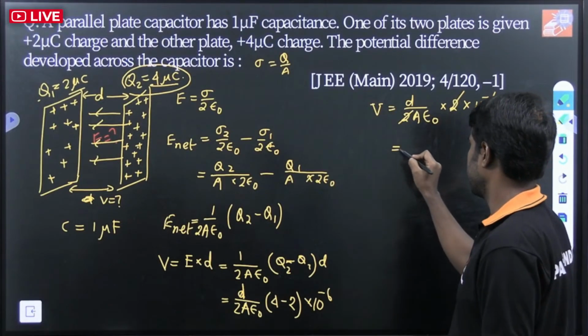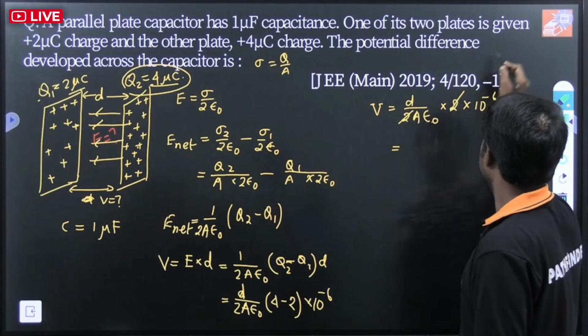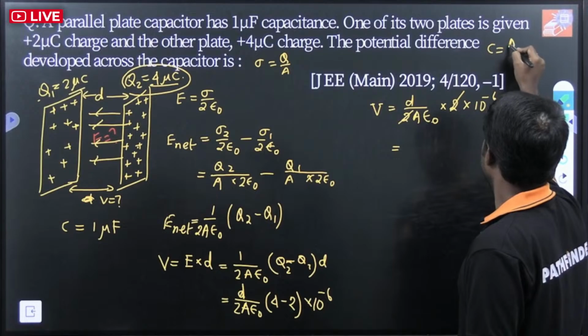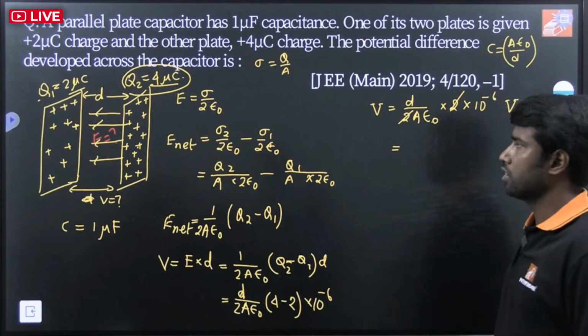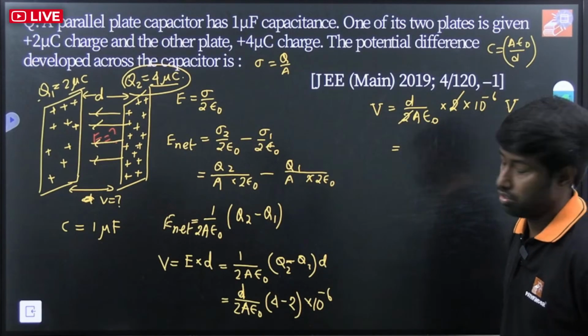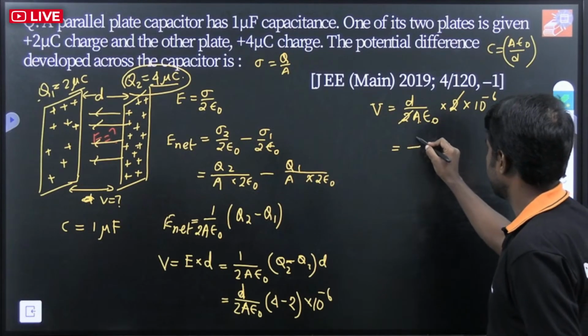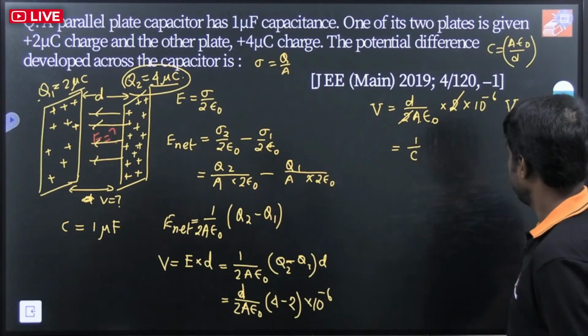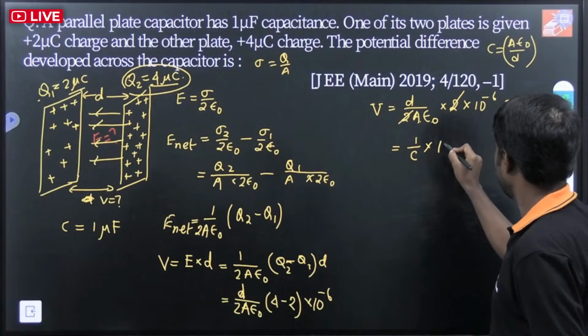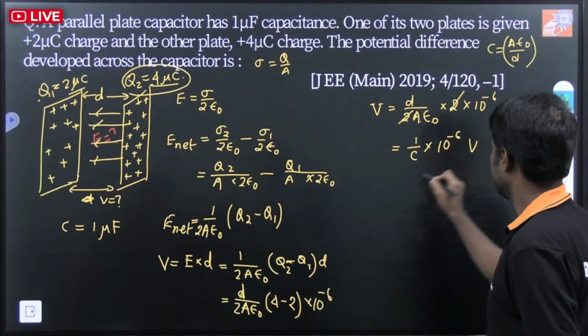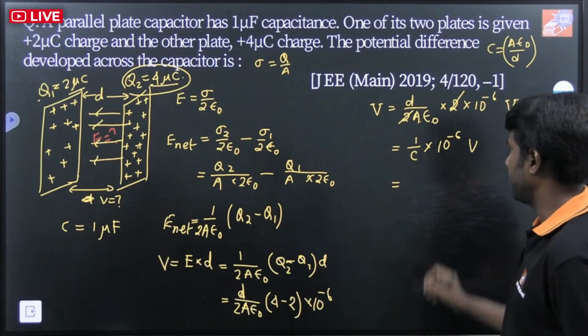Once you see, this is equal to A epsilon naught by D. So C equal to A epsilon naught by D is the capacitance value of these parallel plates. So we can put A epsilon by D as 1 by C, into 10 power minus 6 volt. Now we put the C value.